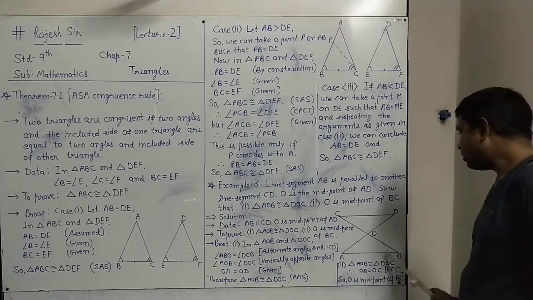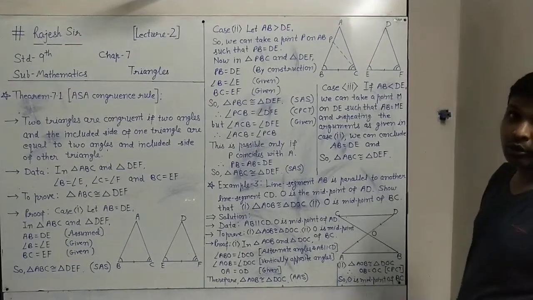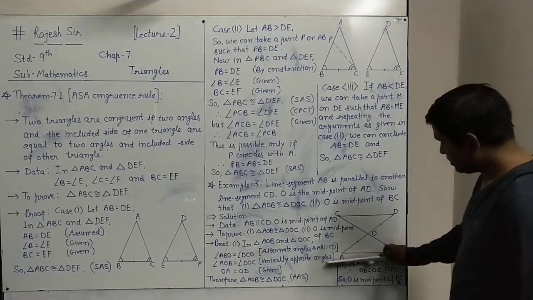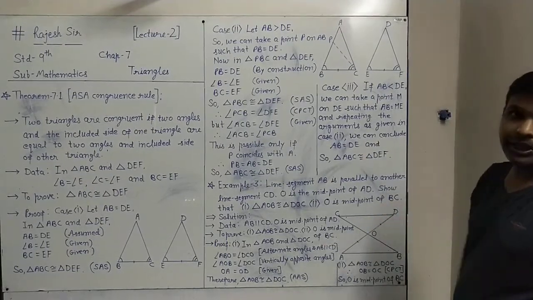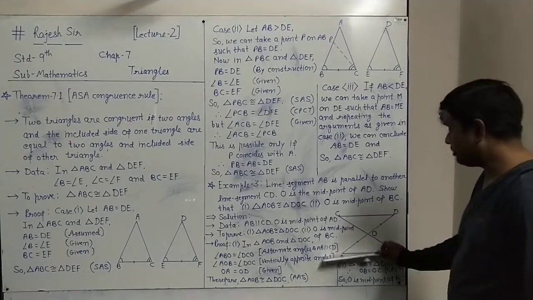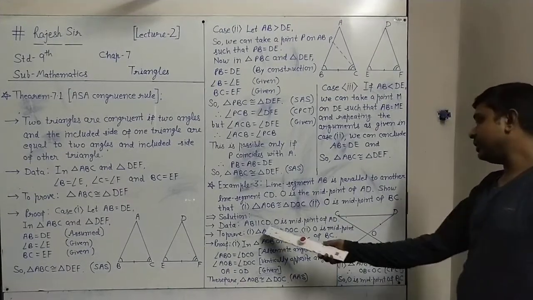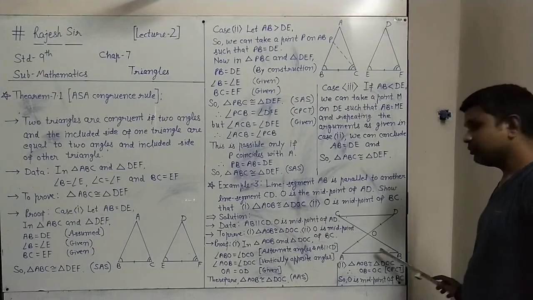Z corner angles are called alternate angles, and alternate angles are equal only between two lines that are parallel. In the question AB parallel to CD is given, so the alternate angles between them will be equal.